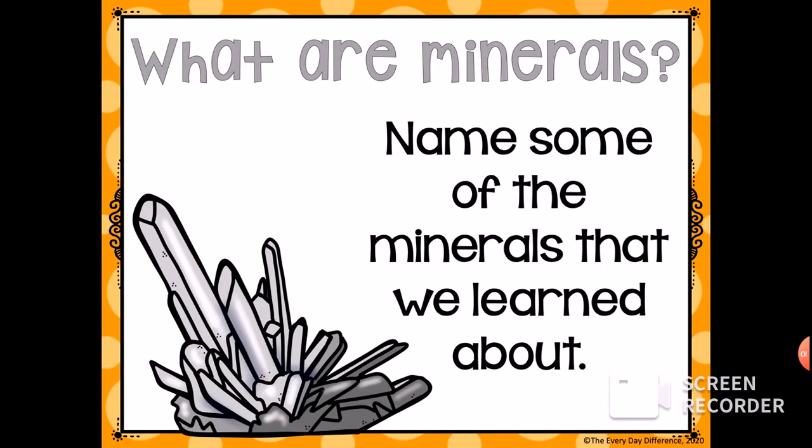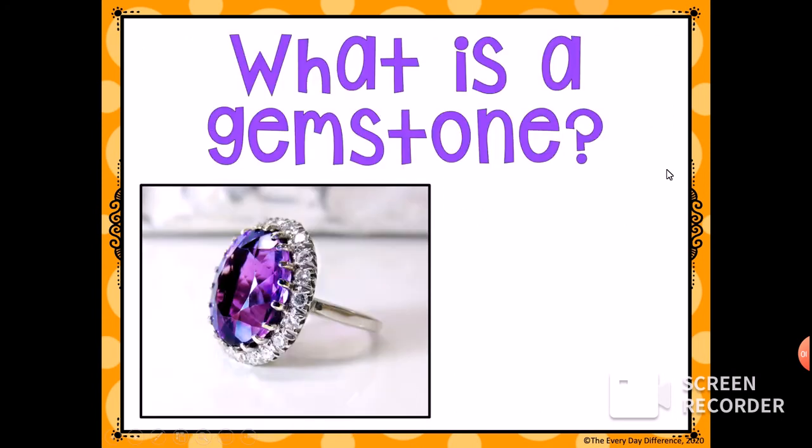What are minerals? We just listened to a video all about minerals. Let's name some of the minerals we learned about. Ooh, what is this? A gemstone? What is a gemstone?